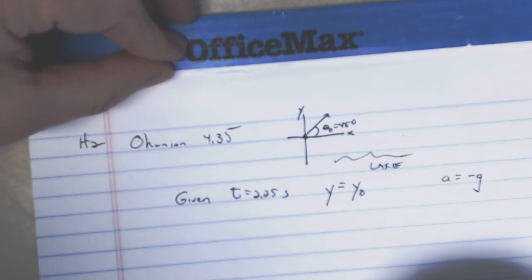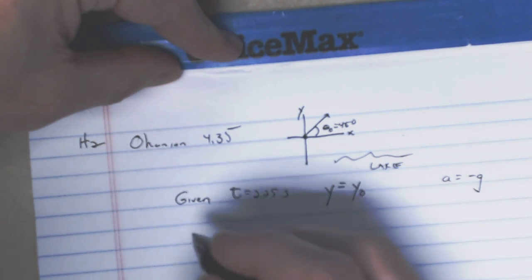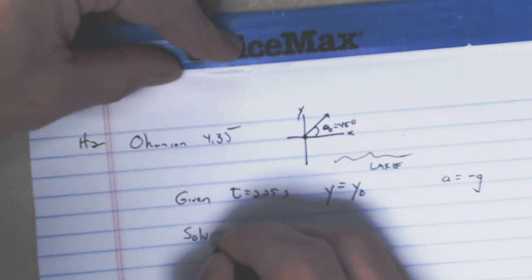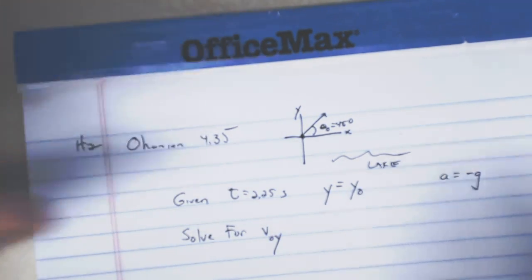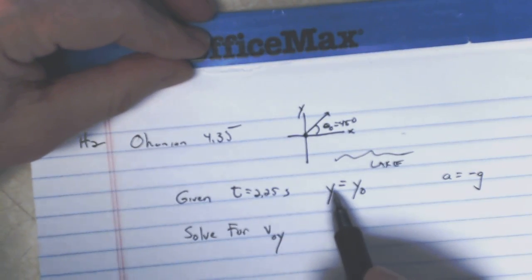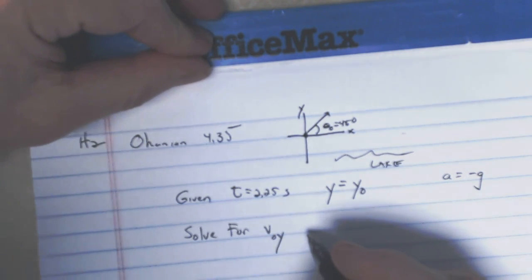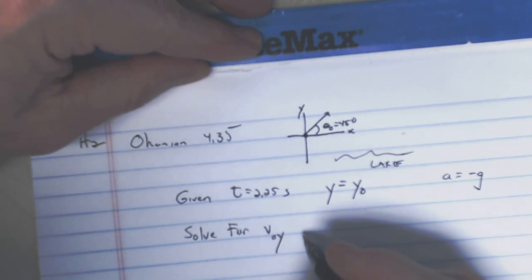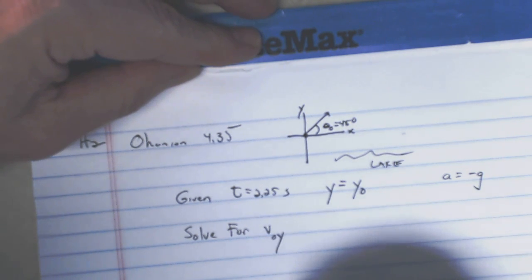Gravity is the only thing acting on the rock. So given this information, I can solve for v naught in the y direction. I'm not even going to worry about the x direction yet. The y direction, the time usually comes first in a problem like this. And I have enough information to do something useful in the y direction because I know it's 2.25 seconds to go up and come back down again.